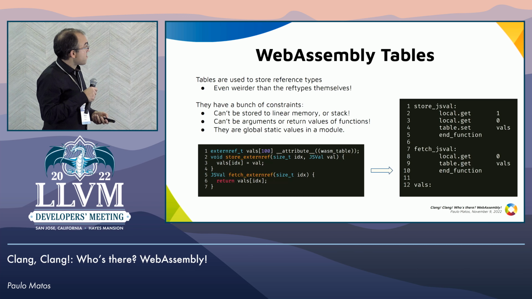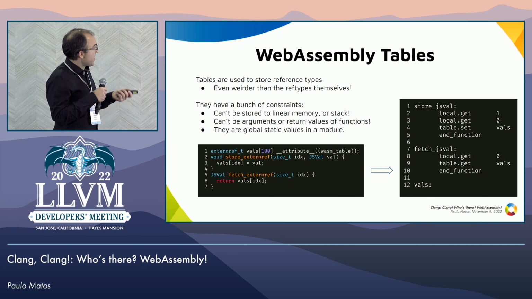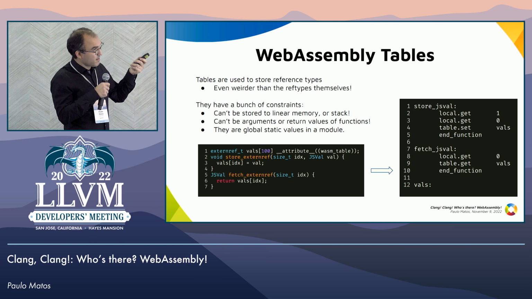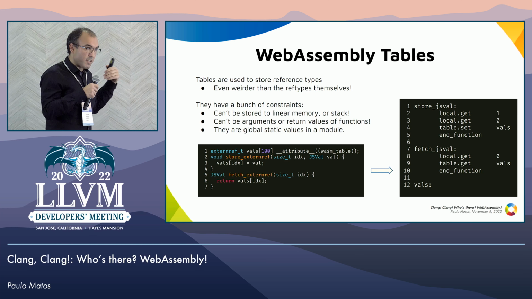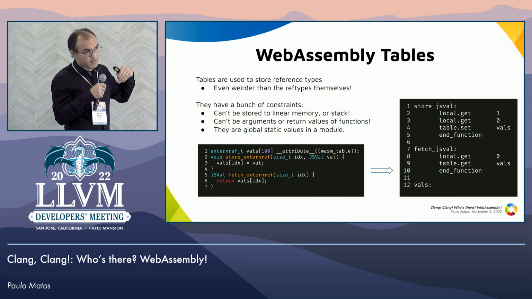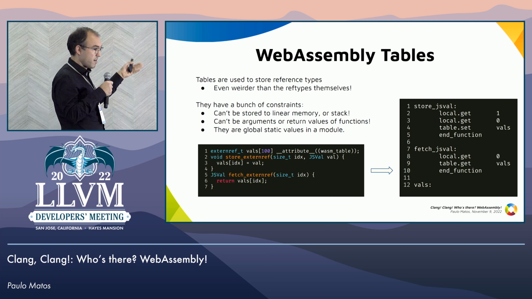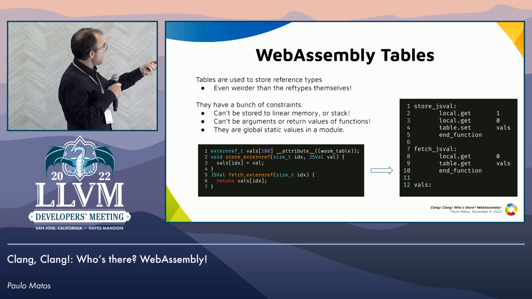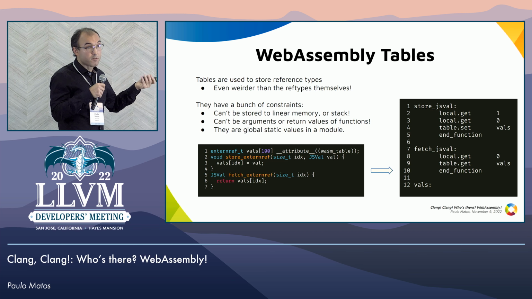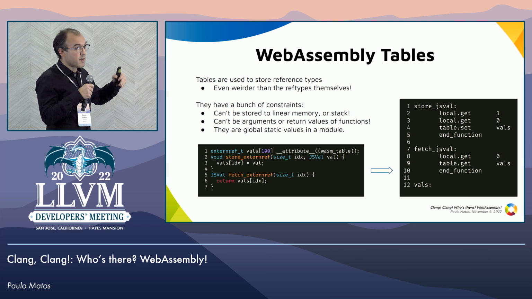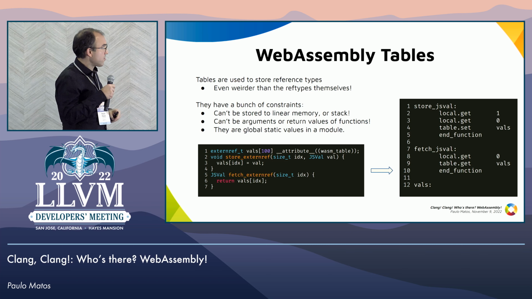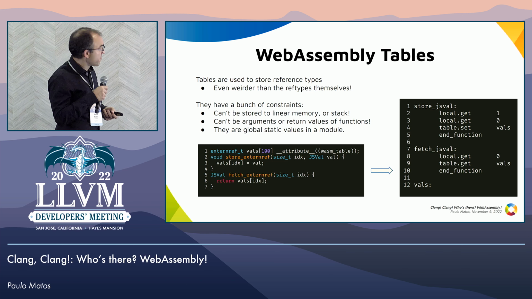Okay, so let's see this example. This is the same as the previous example, but now I replaced JSVal with our explicit type. Let's call it externref. This is part of our proposal to extend C and C++ with WebAssembly reference types.